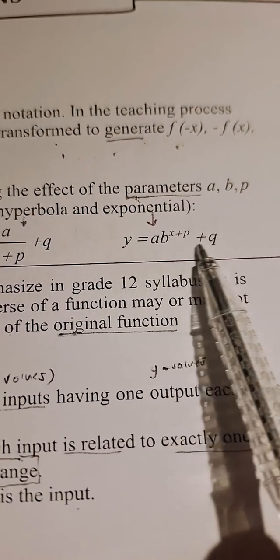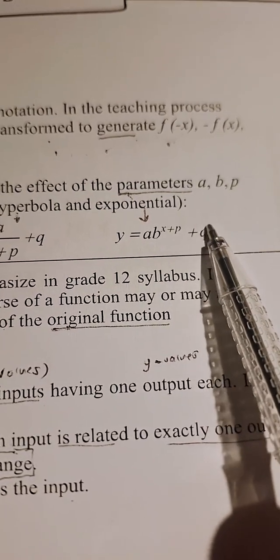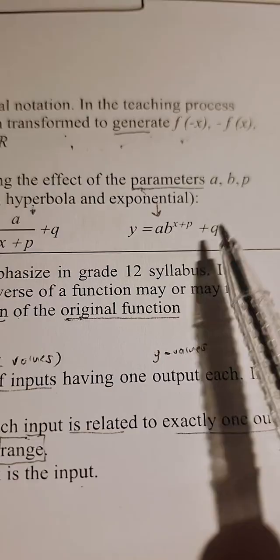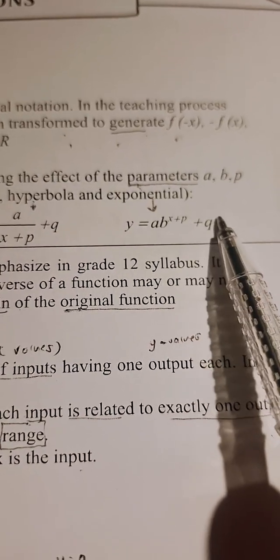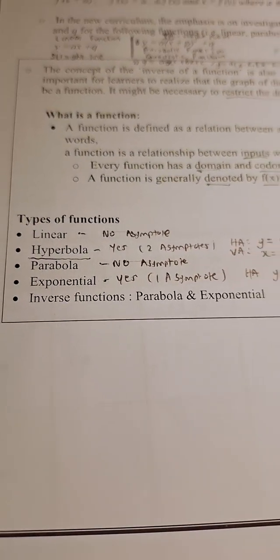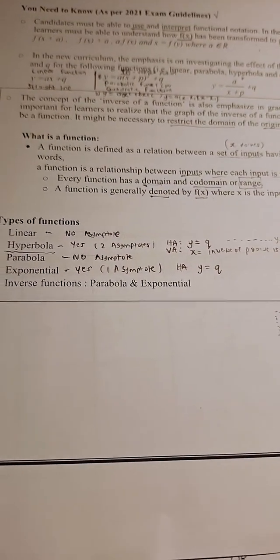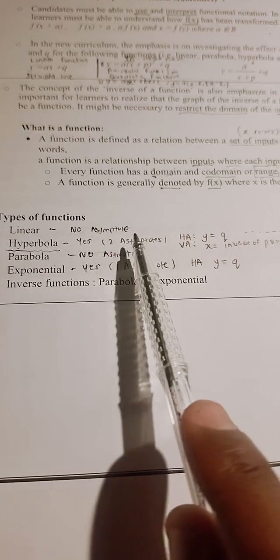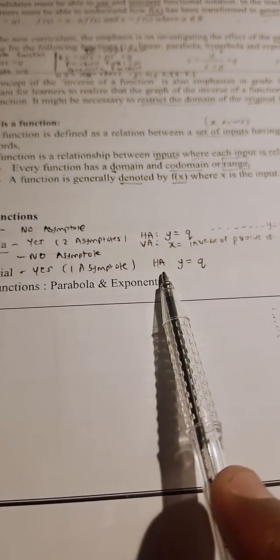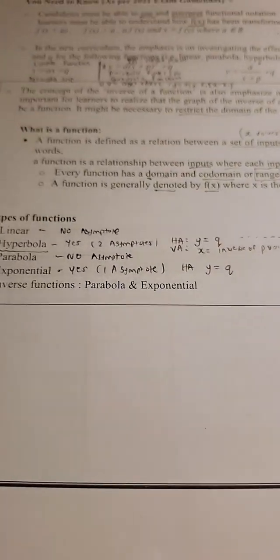That is your horizontal asymptote. There's only a horizontal asymptote. There is no vertical asymptote for an exponential function. So once again, to summarize, the two functions that possess an asymptote are your hyperbola, which has two asymptotes, and your exponential function, which has only one asymptote.